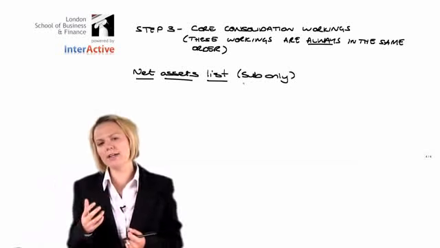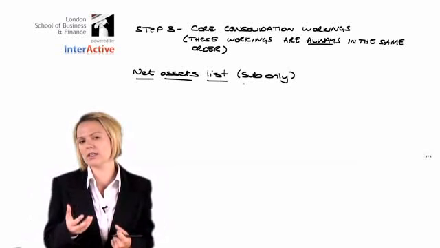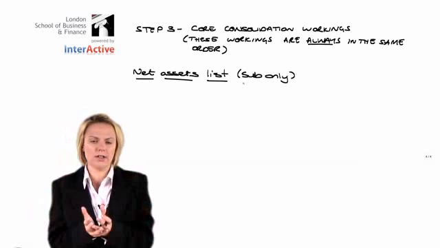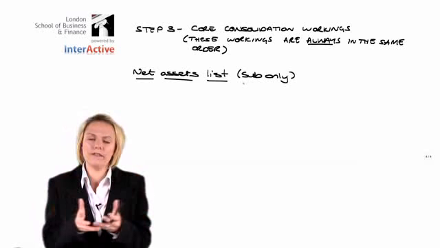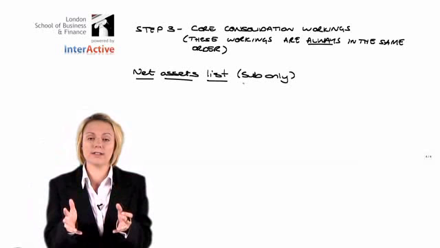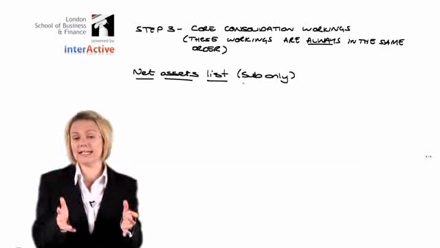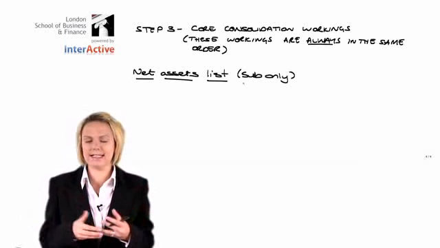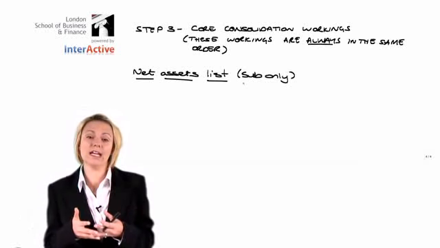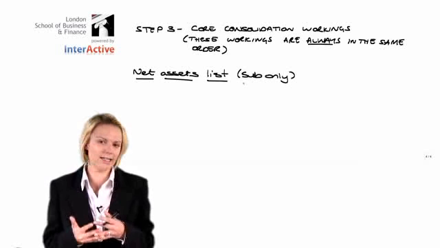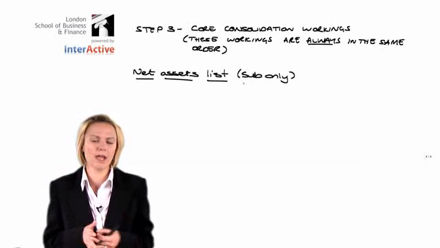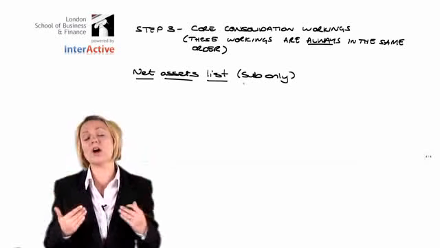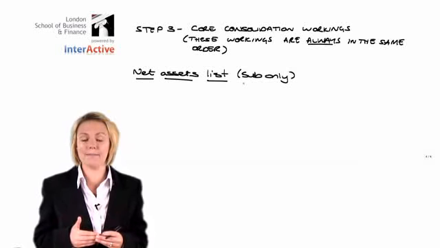What we're trying to find out by doing a list of assets minus liabilities for the subsidiary is to work out what we acquired. What did that cost of investment actually buy us? In other words, what net assets did we get? Because there's many lines of assets and liabilities, it's quite difficult and time-consuming to list them.